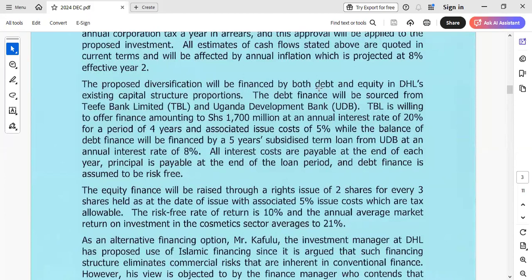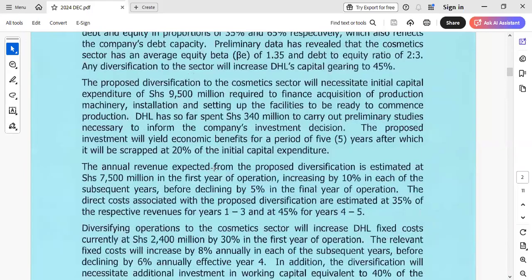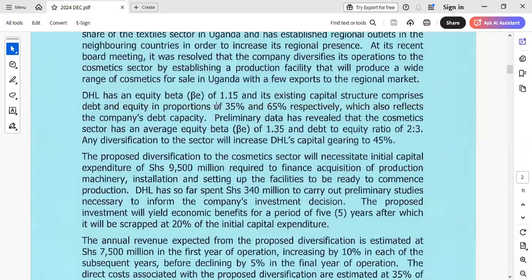You are going to finance the proposed diversification by both debt and equity in DHL's existing capital structure proportions. Remember, we saw the existing capital structure proportions somewhere.